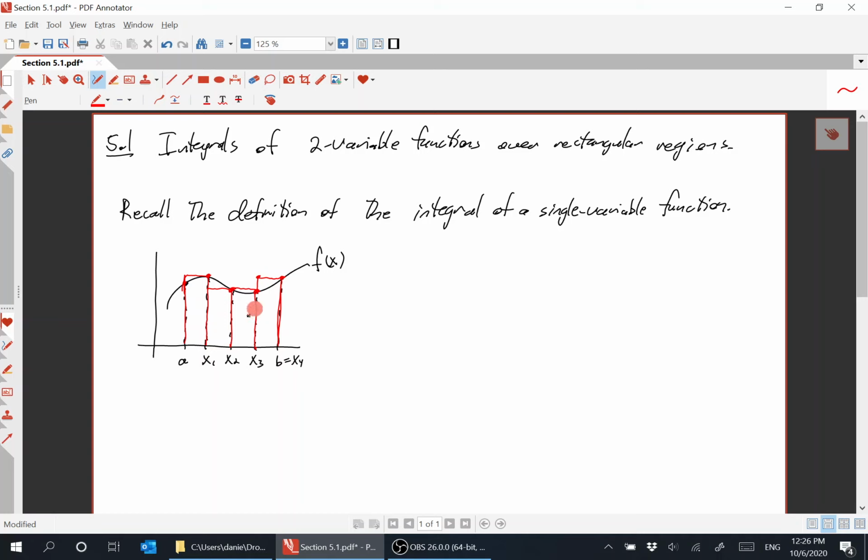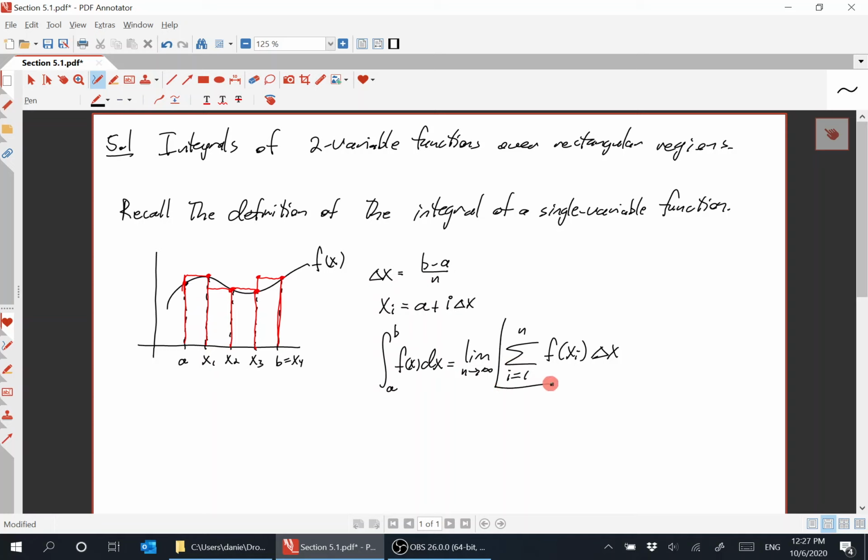So the area between the curve and the x-axis. Here delta x is equal to (b minus a) over n. xi is a plus i delta x. And the integral from a to b of f(x) dx is equal to the limit as n goes to infinity of the sum i equals 1 to n of f(xi) delta x.